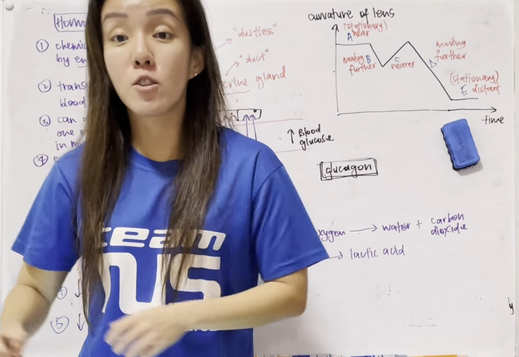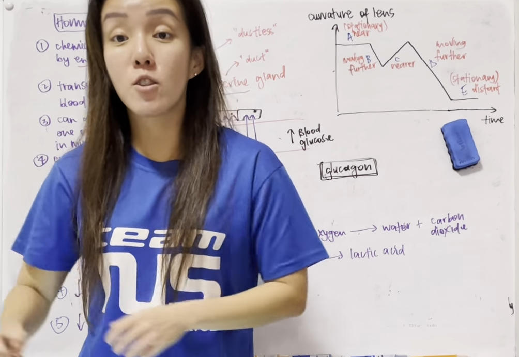Next one. What's your favorite number from 1 to 5? 1. Name me the 4 effects of insulin. It increases permeability of the liver cells and muscle cells to increase uptake of glucose. And then it increases conversion of excess glucose to glycogen. What else?